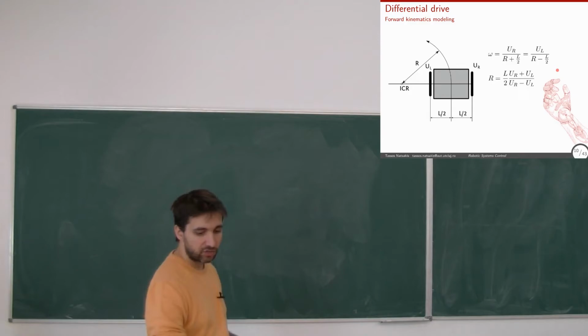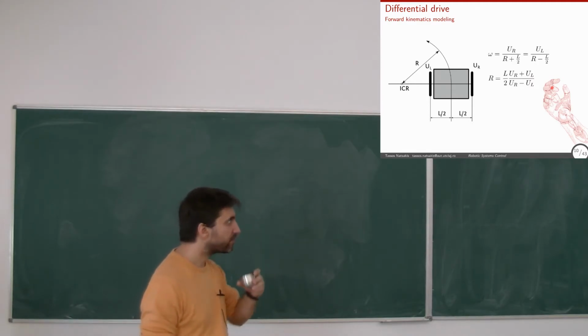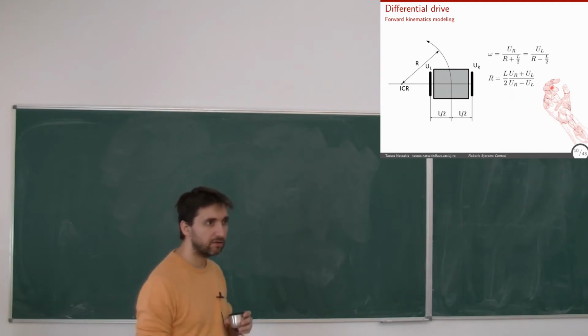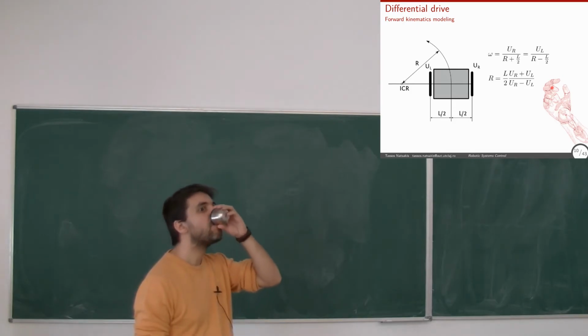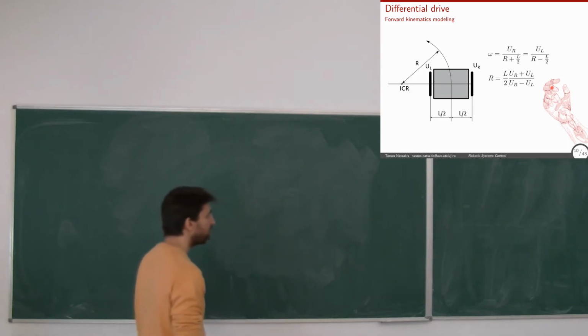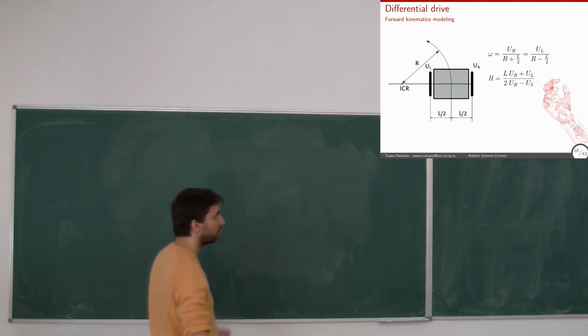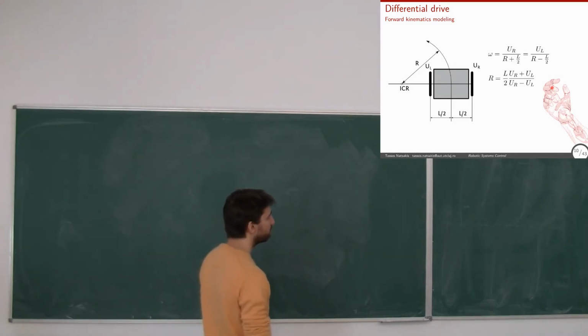If I say R should be 5 meters, whatever, and L is 2, can we solve this one? Does it have one solution? Why not? I have one equation and two variables. So I have many ways to solve this.